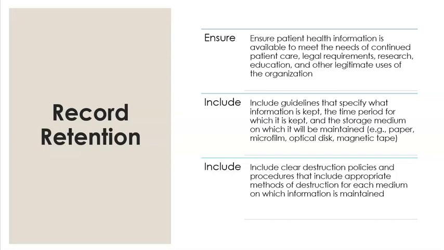And then our record retention policies must include, at a minimum, clear destruction policies and procedures that identify how each method is going to be destroyed. So how paper will be destroyed. Is it going to be shredded, for example?